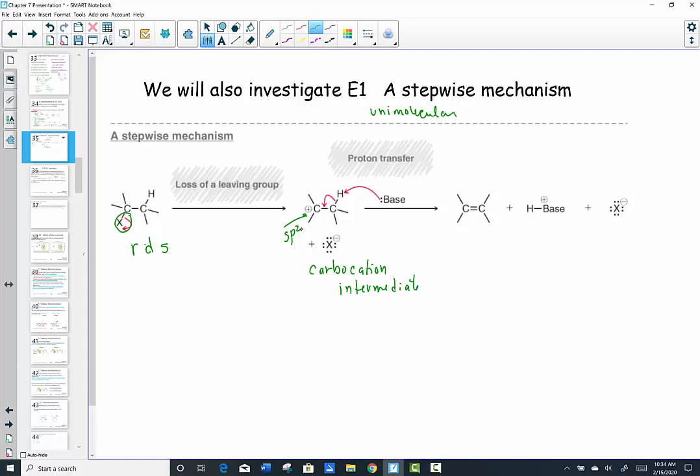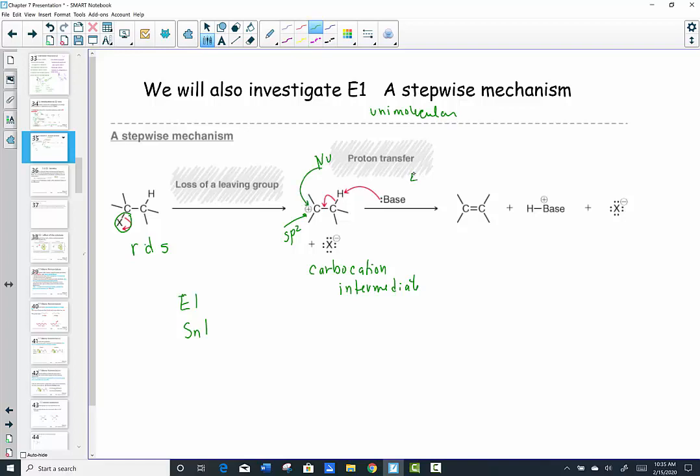That is the very first step in both E1 and SN1 mechanisms, so the leaving group must leave before anything else can happen. In an SN1, a nucleophile seeks the electrophile.